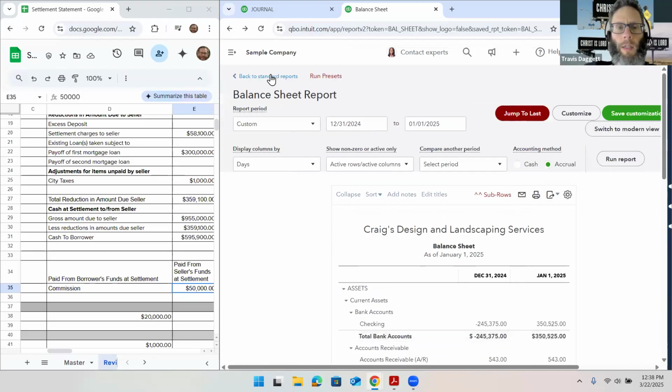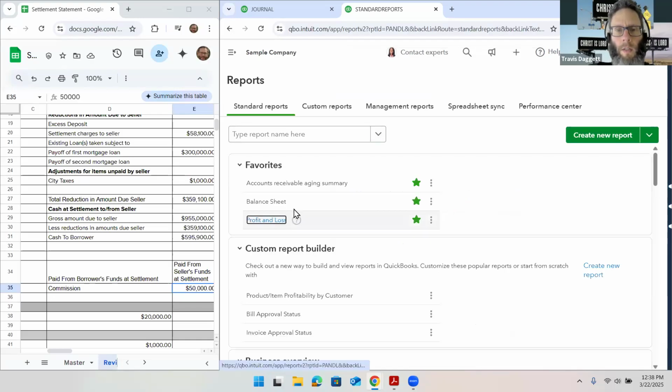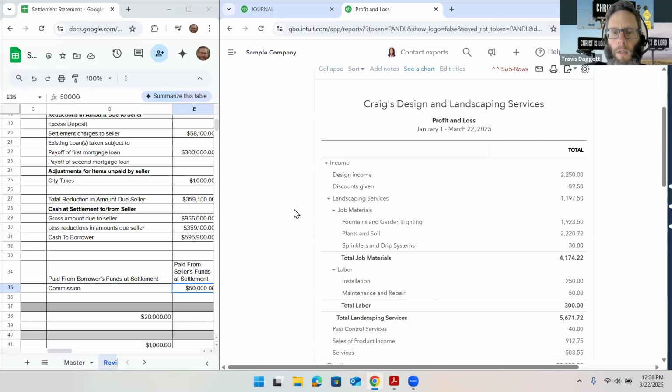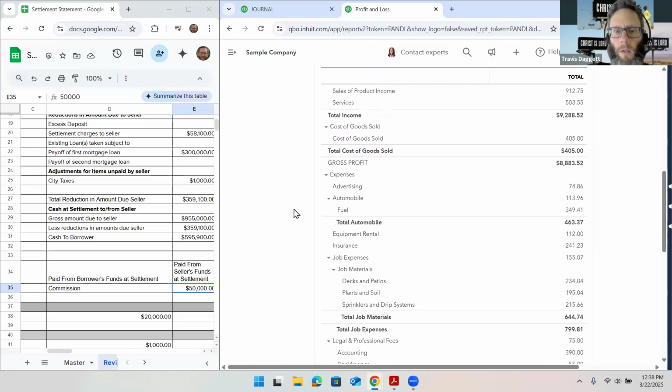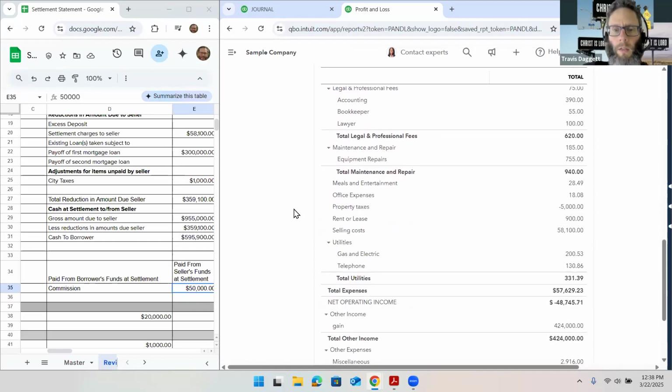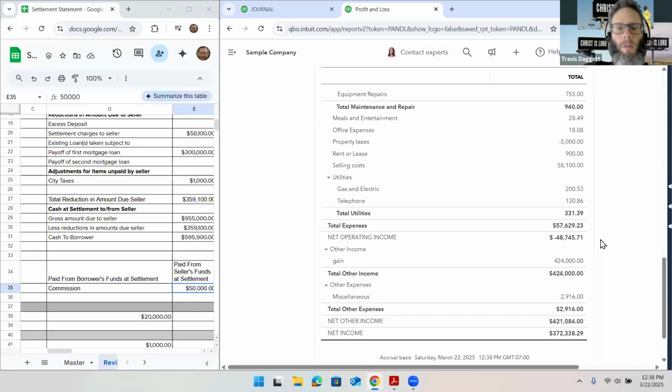And let's look at our P&L and see how that's affected. So the only thing that hit our P&L using this method is the gain here. Okay, and we know, again, that's not necessarily our profit, because we didn't take into account particularly debt service.